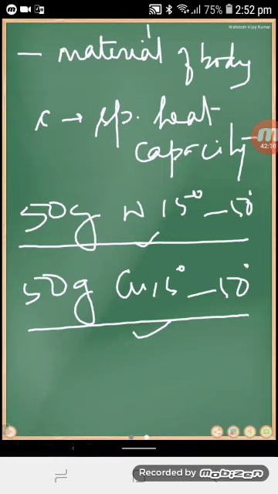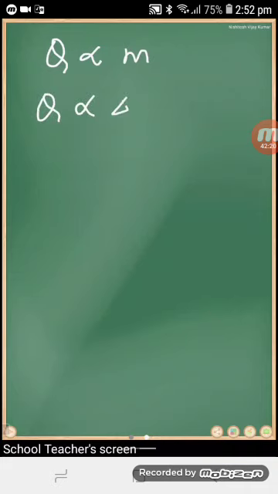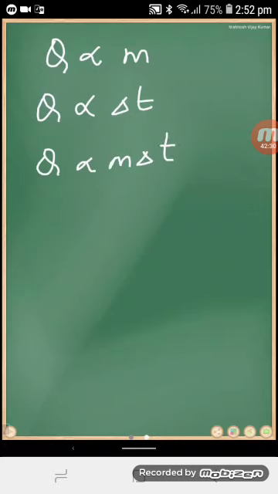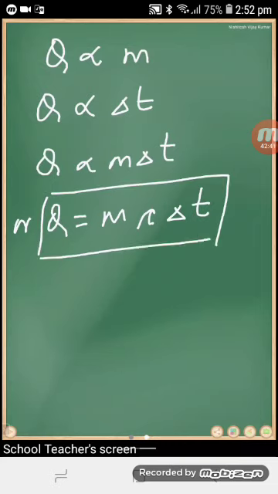If I combine these factors in the form of a mathematical expression, we get Q is directly proportional to M, Q is directly proportional to delta T. Combined, Q is directly proportional to M delta T. If I change the proportionality to equality, I use a constant, and that gives Q = M C delta T, where C is the specific heat capacity, delta T is the change in temperature, and M is the mass of the body.